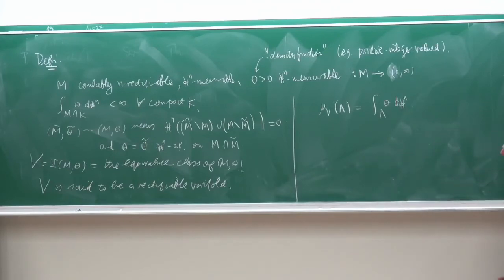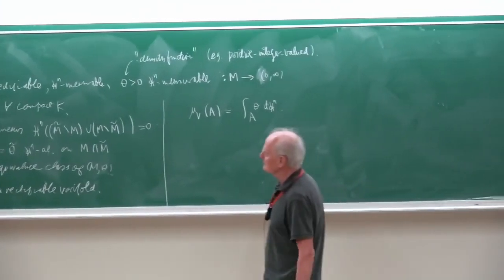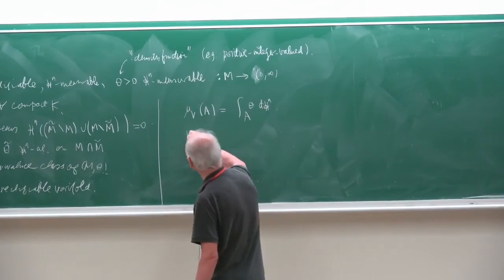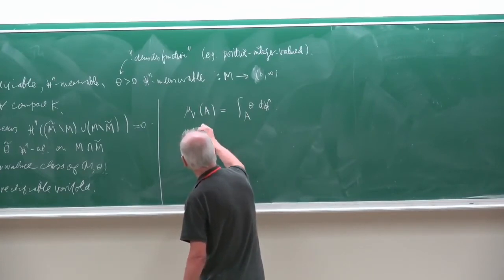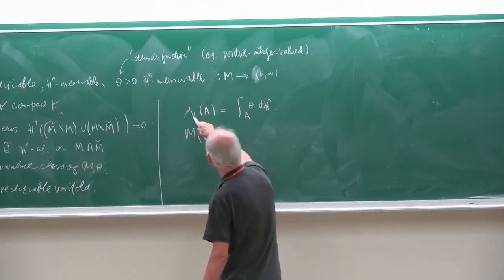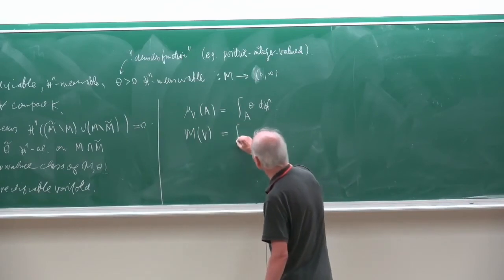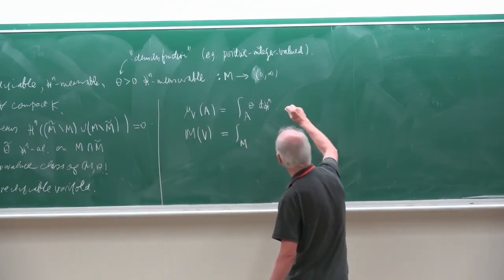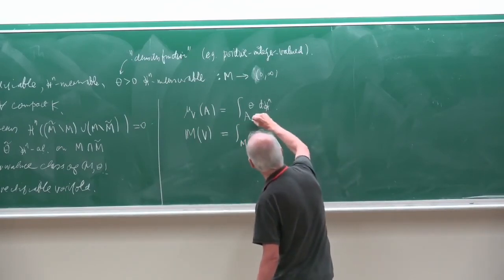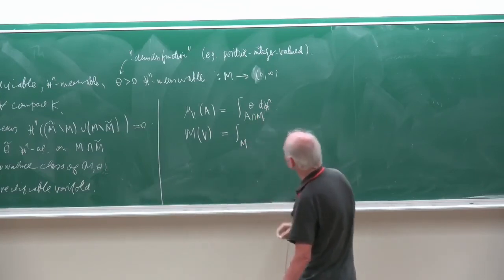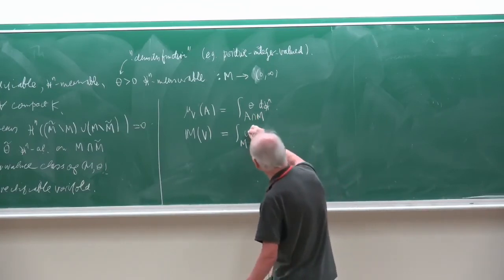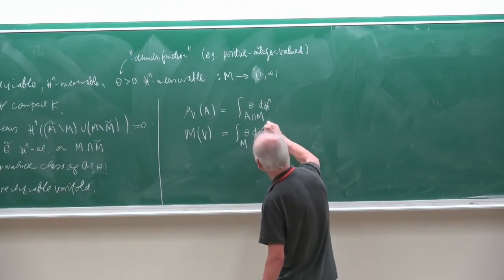And there's also the notion of the mass of V. That's just the total measure. In other words, that's the integral over all of M, this is for A intersect M, and this is over all of M, theta dHn, that's the total mass.